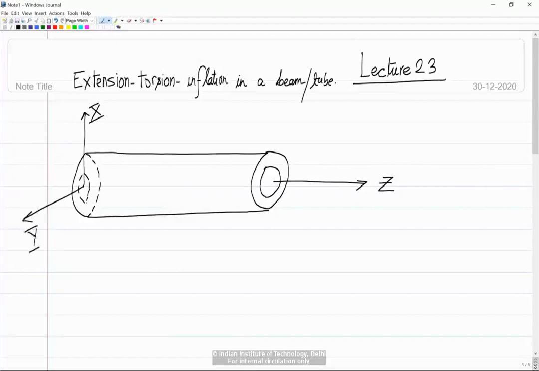If you want to twist it, we have to apply twisting moment, and if you want to inflate it, you'll have to pressurize it from inside. So this can be imposed by applying torque, this by applying axial force, and this one by applying internal pressure, for example.